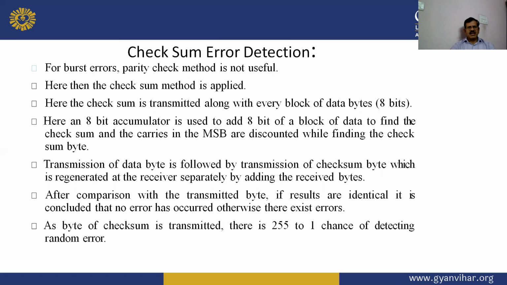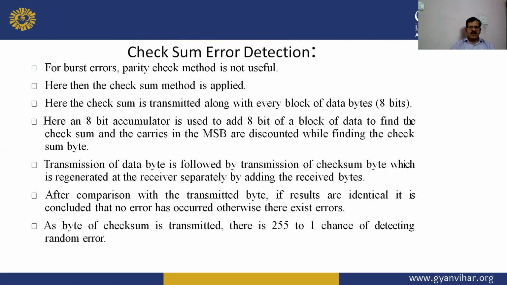Next is checksum error detection. For worst errors, the parity check method is not useful, so the checksum method is applied. Here the checksum is transmitted along with every block of data bytes, or 8 bits.